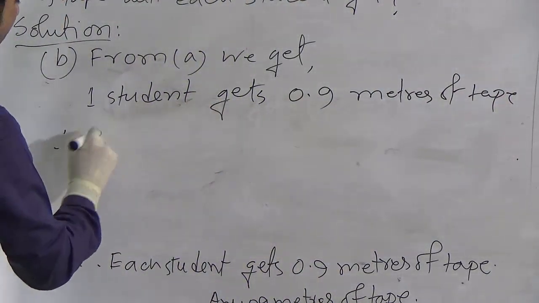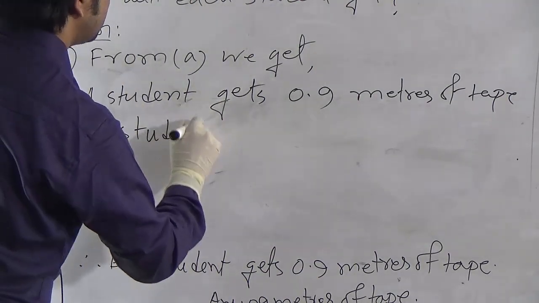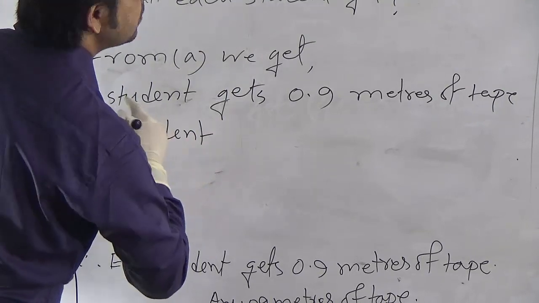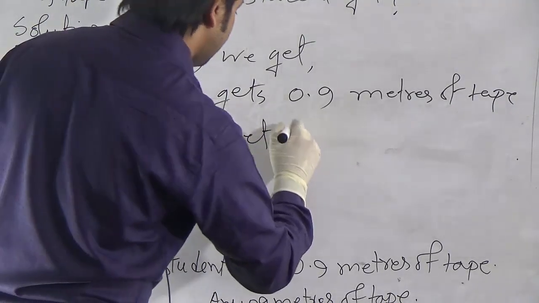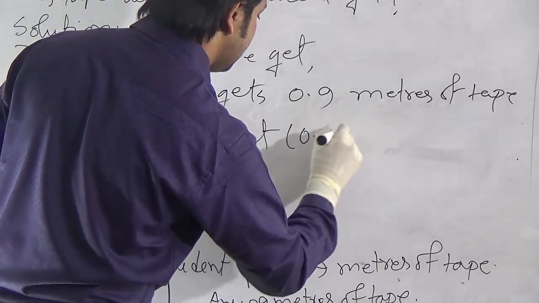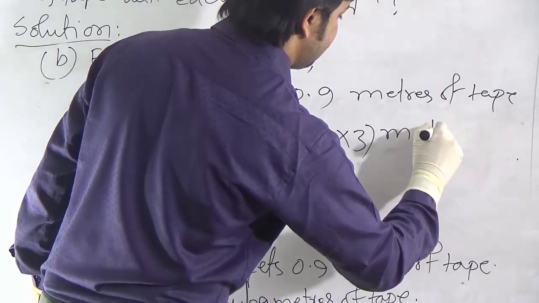Therefore, 3 students get. We have to multiply 0.9 by 3 meters of tape.